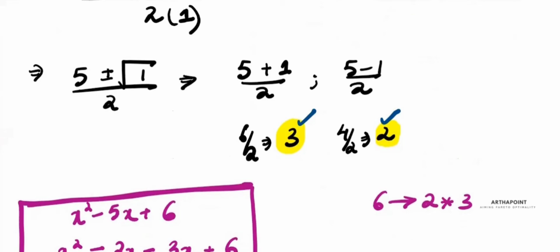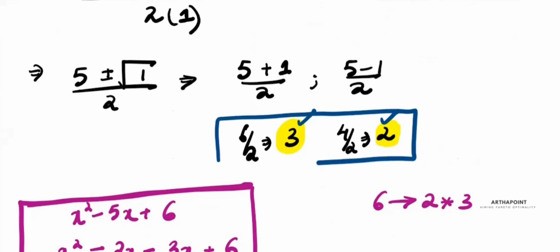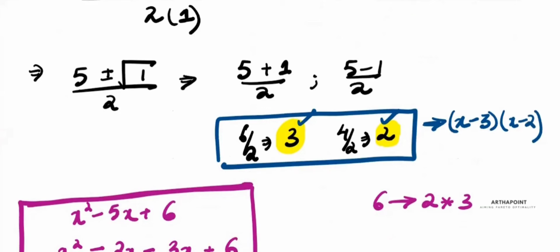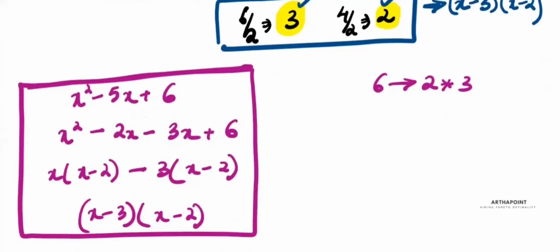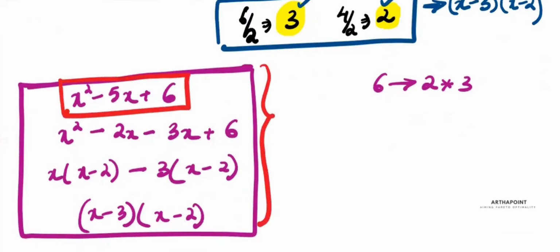So even if I go via this method and I get 2 factors 3 and 2, this means that that equation can be rewritten in the form of x minus 3, x minus 2. Or if I use completing the square method, then also I get that this equation can be rewritten as x minus 3, x minus 2.